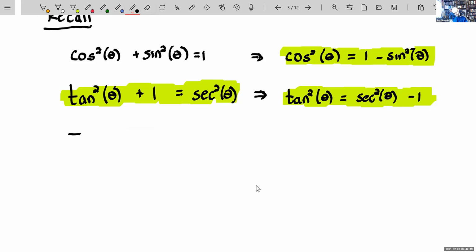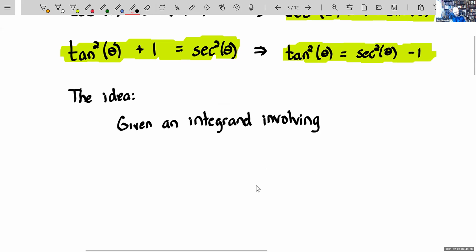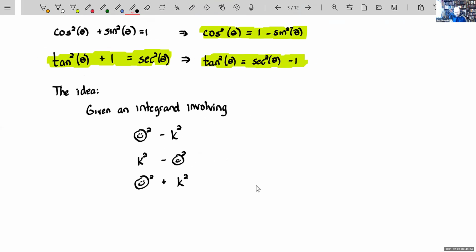So the idea is this. Given an integrand involving some type of variable squared minus a number, possibly squared, or a number squared minus a variable squared, or a variable squared plus a number squared, we're going to let that variable squared be a version of sine, tangent, or secant.